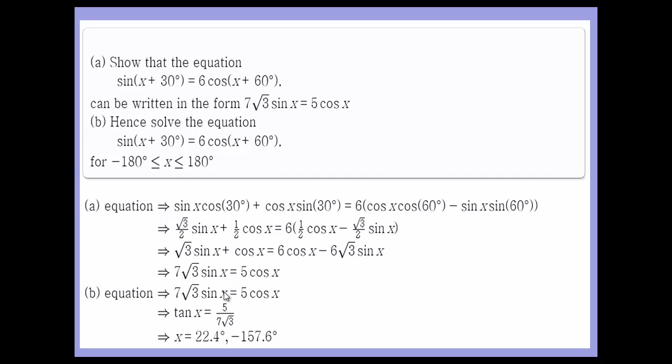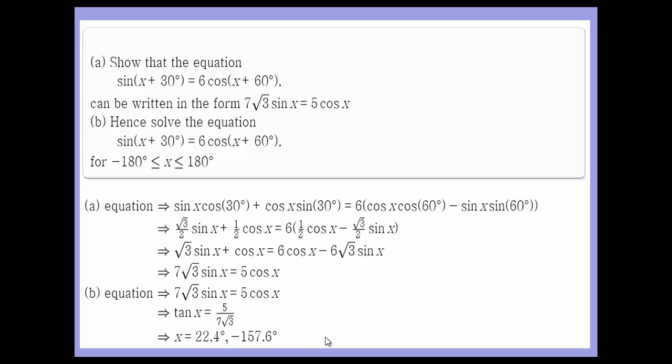So we get sine x over cos x, and divide by 7 root 3, and we get 5 over 7 root 3. And then it's just tan minus 1 of that. And we're looking for values between minus 180 and 180. So if the principal value is 22.4, if we add 180, it will be too much, won't it? Be 202.4. But if we subtract 180, we get minus 157.6.